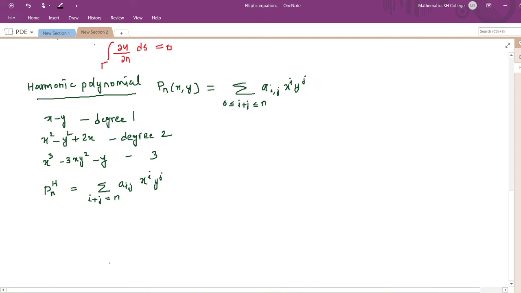This is called the set of homogeneous harmonic polynomials, homogeneous because the degree is the same. Here x − y is homogeneous, but the others are not. So homogeneous harmonic polynomials form a subclass of this.